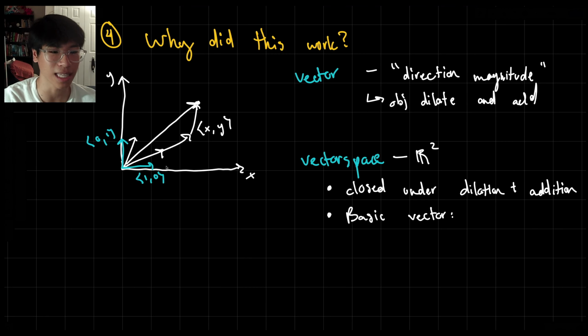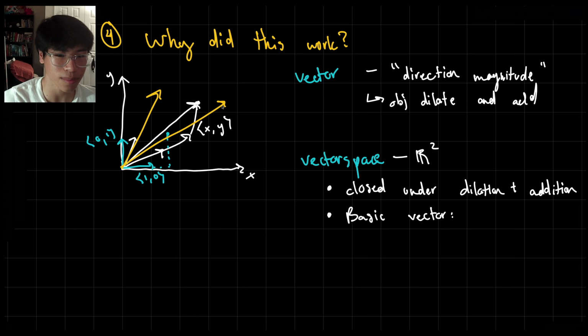Clearly we can dilate these and add these together to get any other vector in the vector space. But these are not the only vectors that we could have chosen. We could have chosen any two vectors that weren't parallel to each other. And these two vectors, these two yellow vectors, could have acted as basis vectors too. You can add them and dilate them and get any other vector in the vector space.